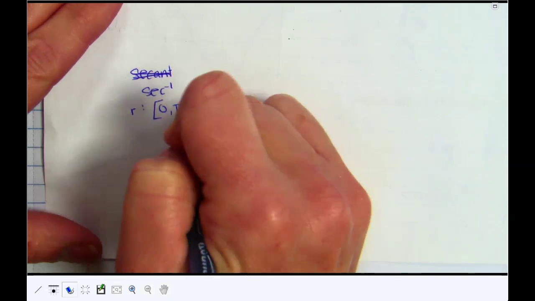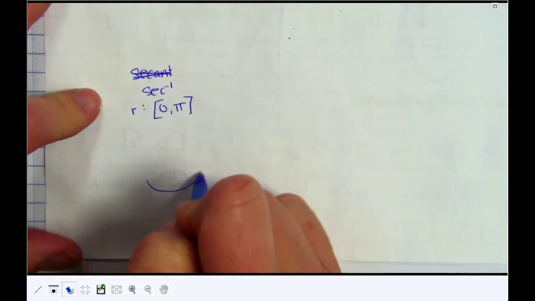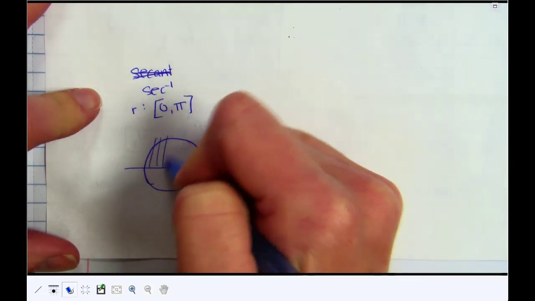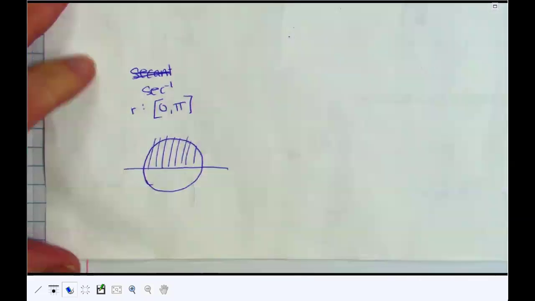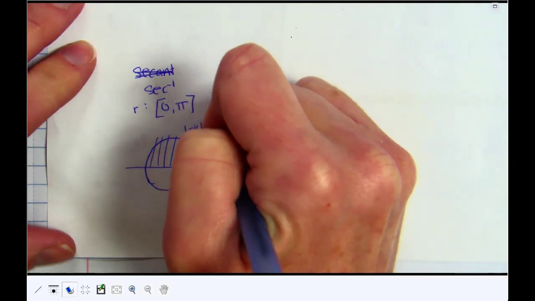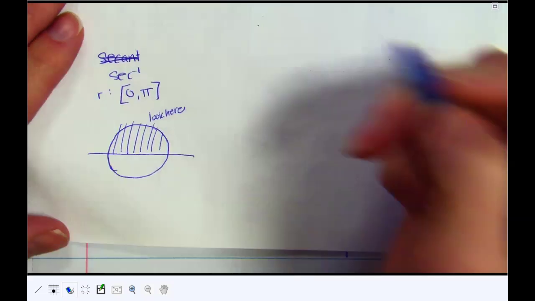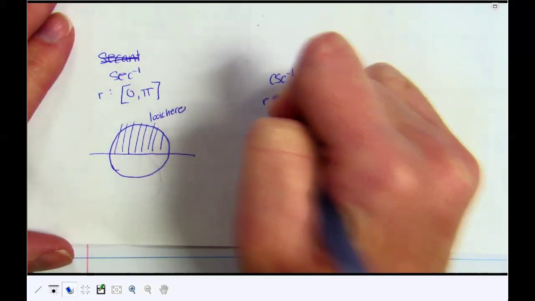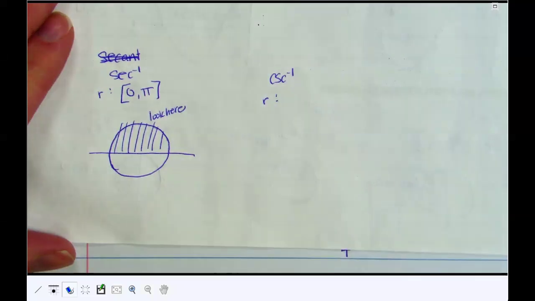So if you happen to be doing secant inverse, and you need to know, it would only be on a problem like this, it's the top half. We don't even care about the domain.